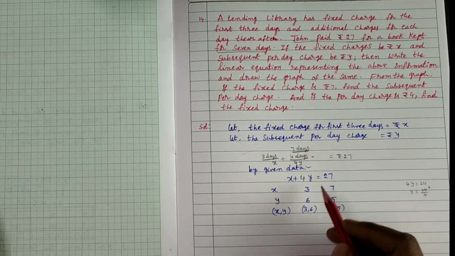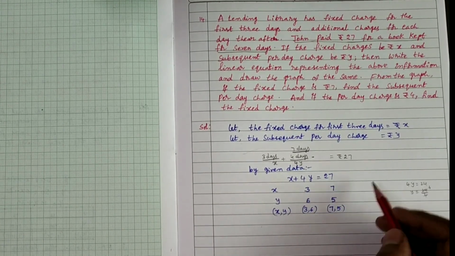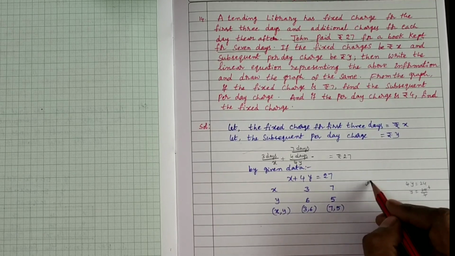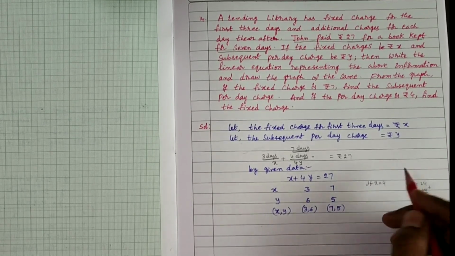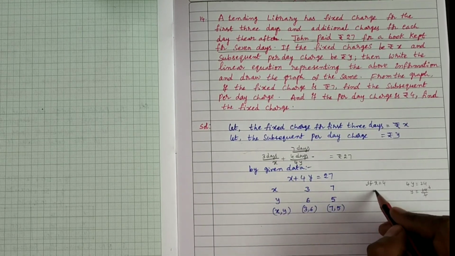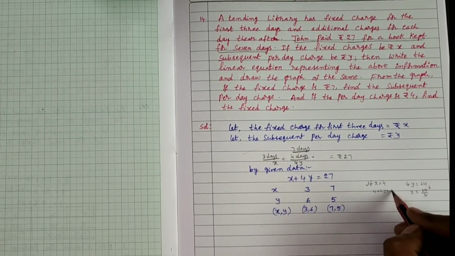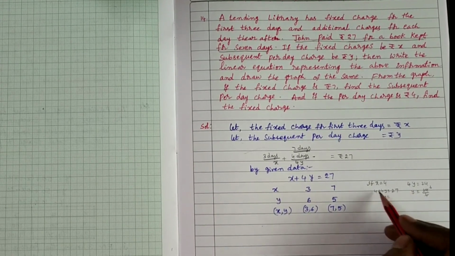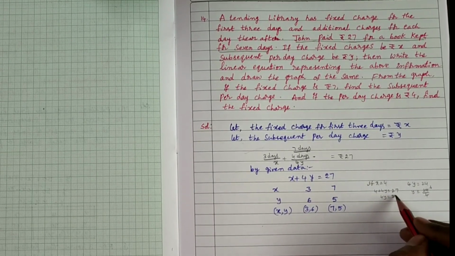Suppose I take 4, between 3 and 7. If X is equal to 4, substitute 4 in this place. 4 plus 4y is equal to 27. Then 4y is equal to 27 minus 4, that is 23.